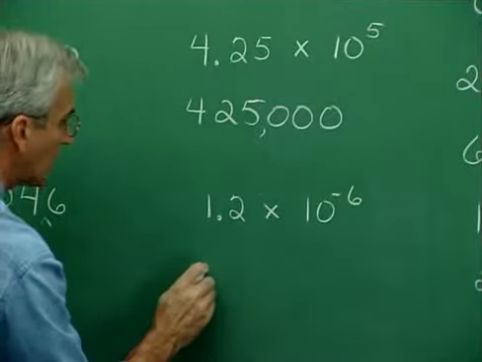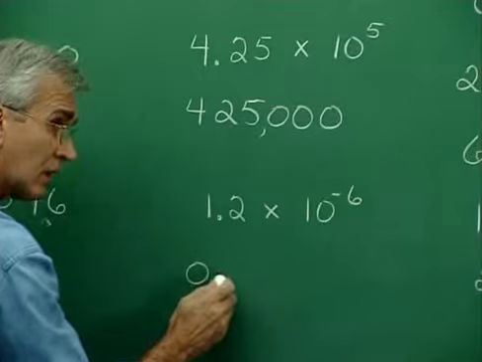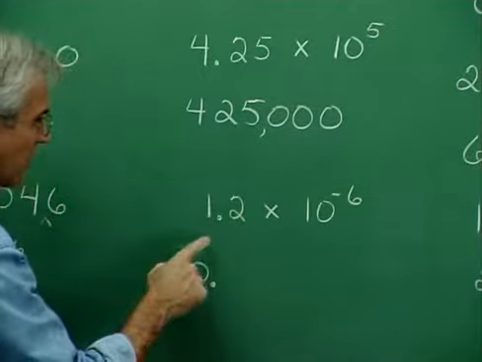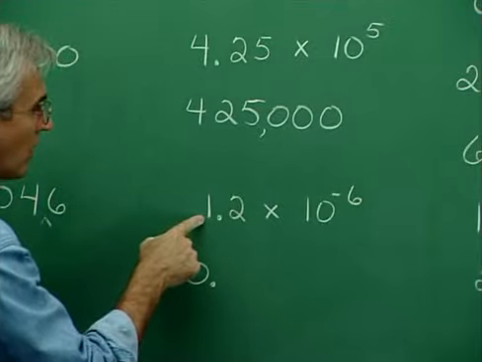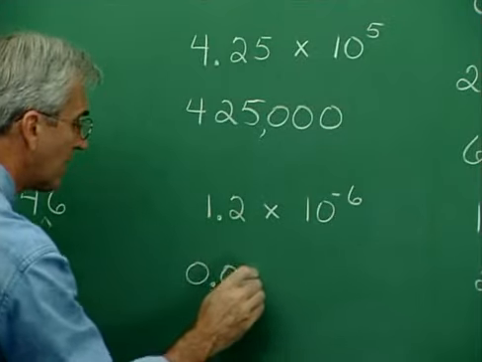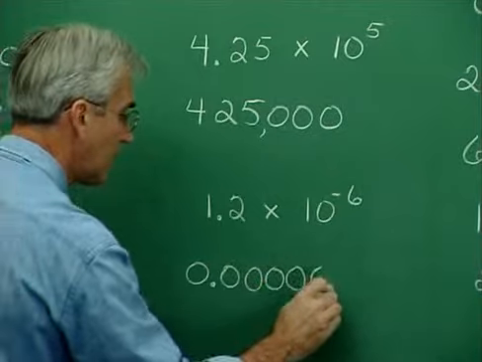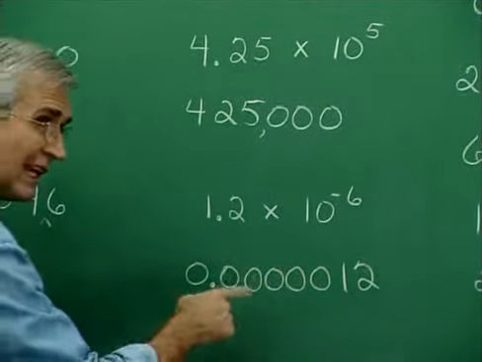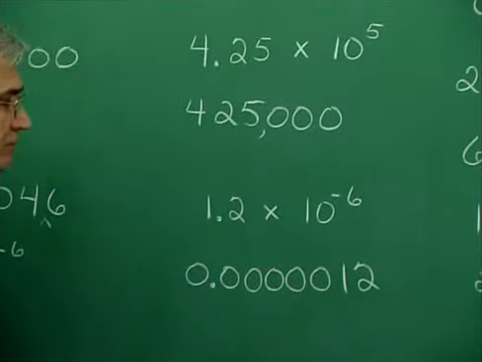So we want the number to be written like this, 0 point, and then some zeros, and then 1, 2. Well, how many zeros do we need? We slide 1 here, and then we need 5 more. So I'm going to tack on those 5 zeros right here, and then the 1 and the 2. So this is our number in sort of an expanded form.